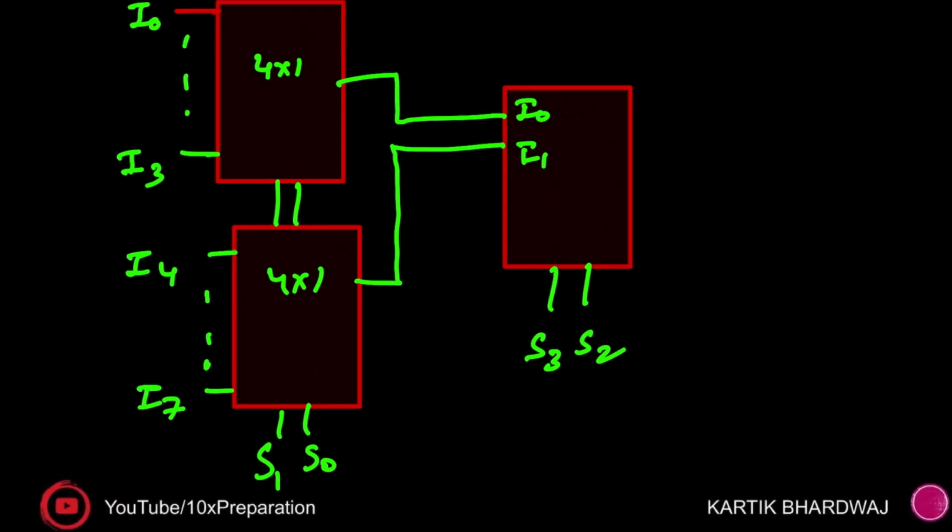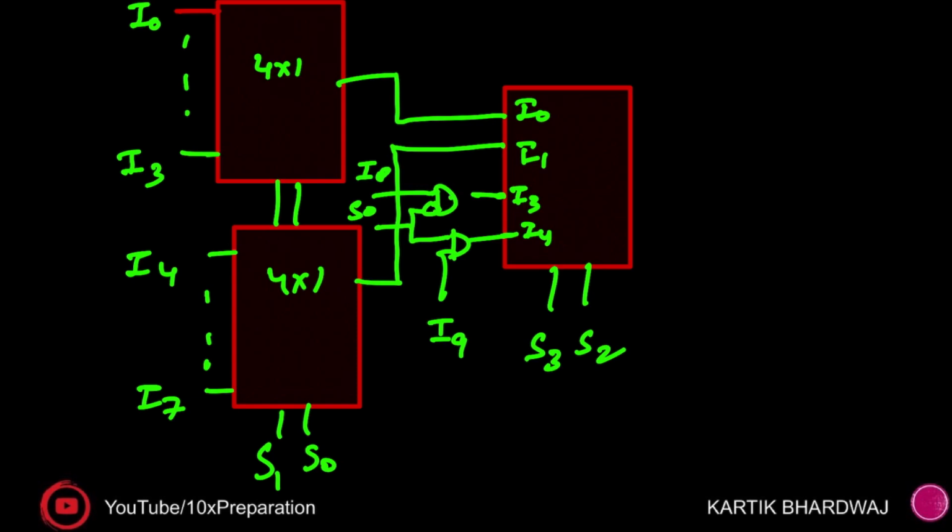So simply you need to put one extra circuit. This is I8 and this is I9 for this selection, and I'm going to use two NAND gates like this.